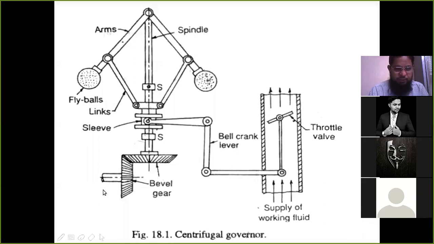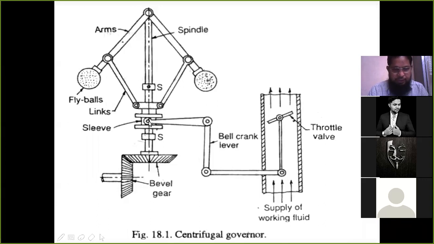Similarly, because of increase in the load, when the engine speed decreases, the speed of the governor spindle also decreases. Therefore, the speed of rotation of the fly balls also decreases. This makes the fly balls move in, and the sleeve falls.